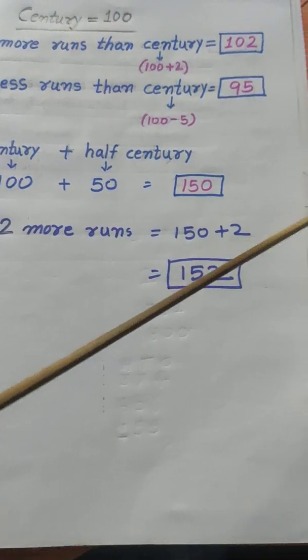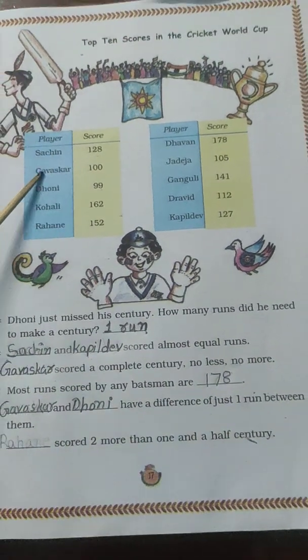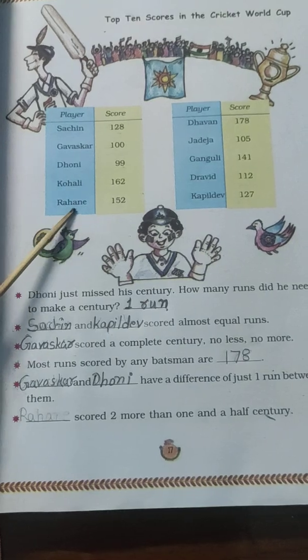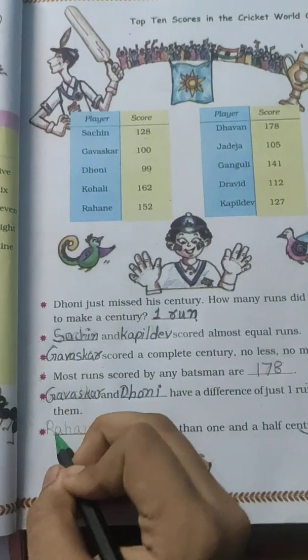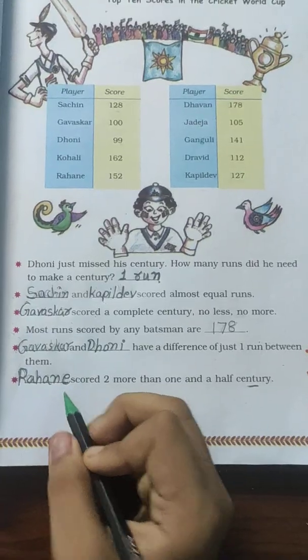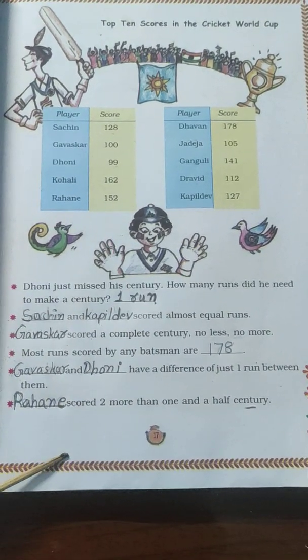Let's see. Look here. Sachin, no. Gavaskar, no. Then yes, Rehane. So Rehane scored 152 runs. So students, you will also complete this in your textbook.